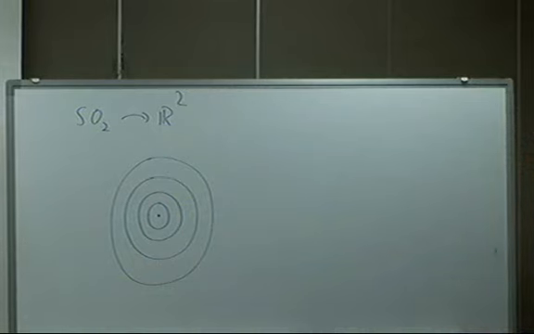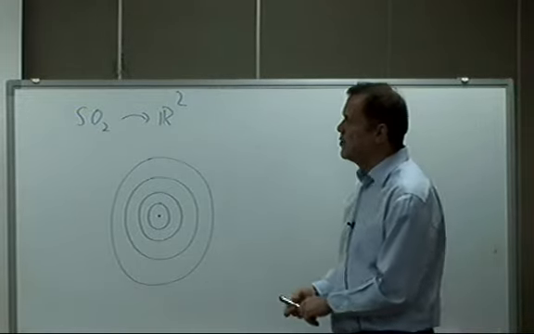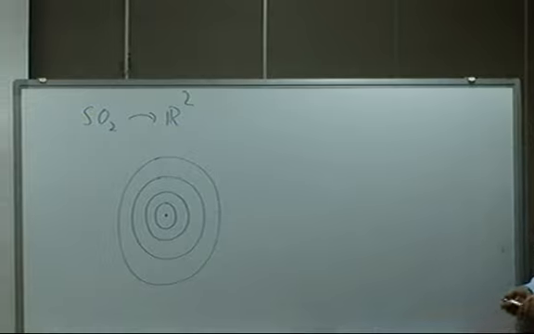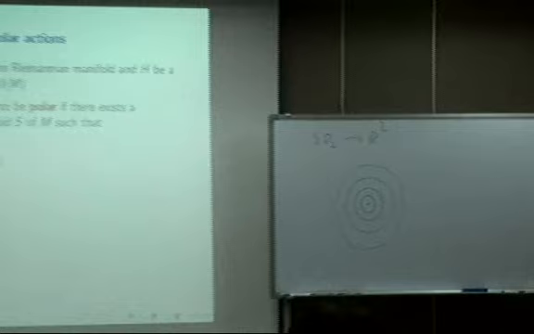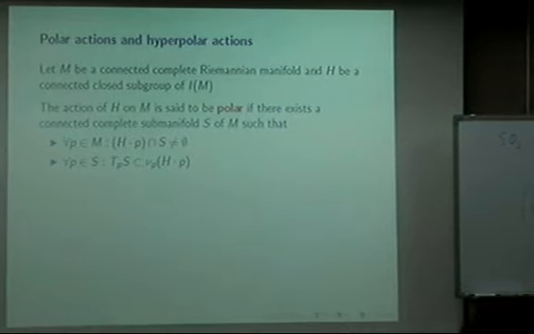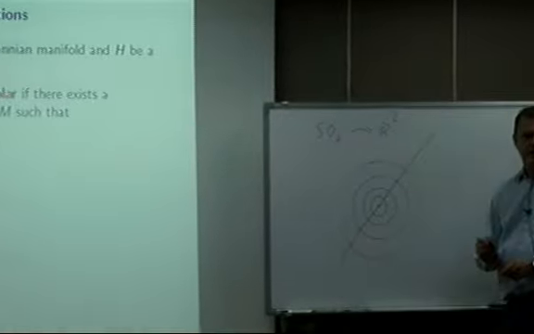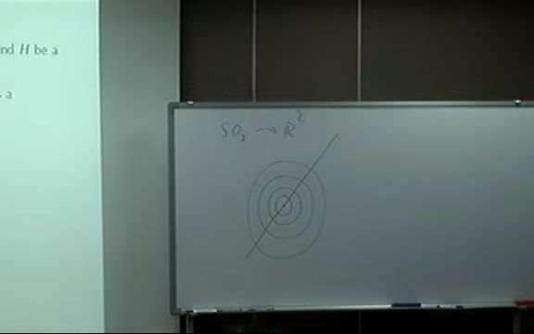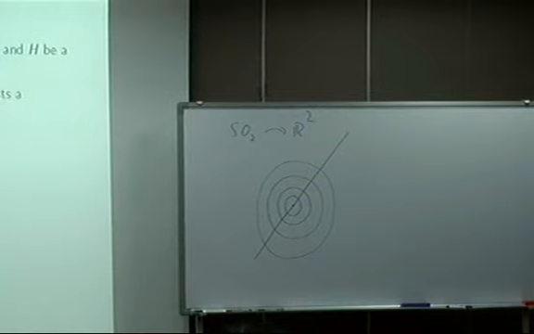Now, what is a section here, or this manifold S? So we want a submanifold S, which is connected and complete, which intersects each orbit and intersects it perpendicularly. It's obvious what it is. You can take any line through the fixed point. When you take a line through the fixed point, it intersects each orbit perpendicularly. So this is the model action for a polar action.